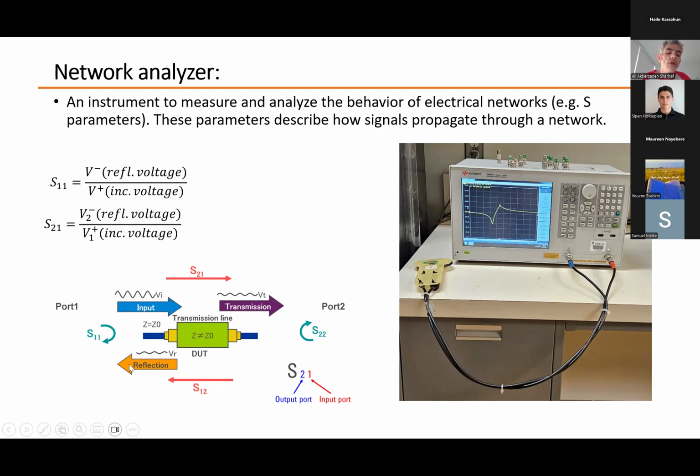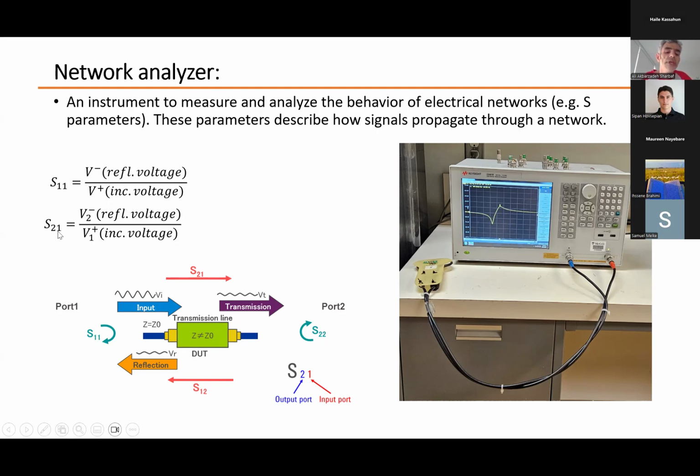This reflected voltage is denoted by V minus. The ratio of the reflected voltage over the incident voltage is known as S11. It shows what percentage of the signal goes through the device.